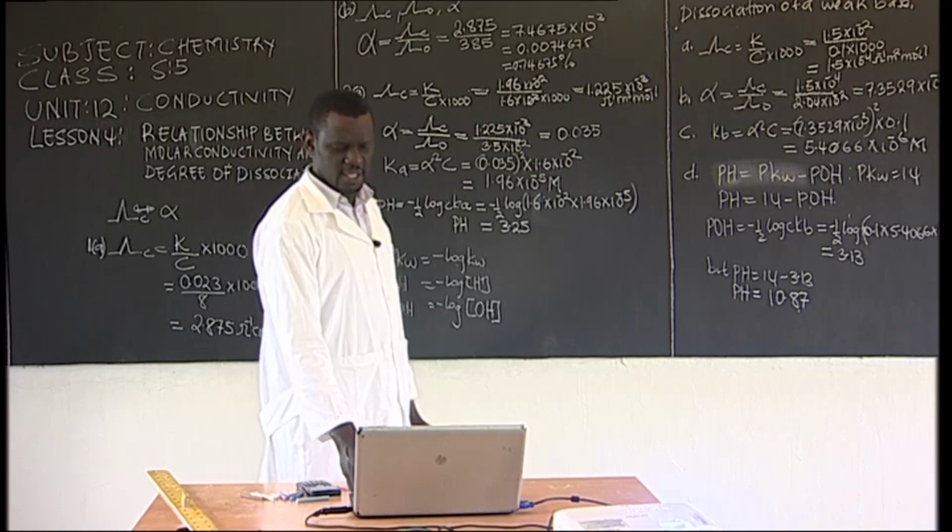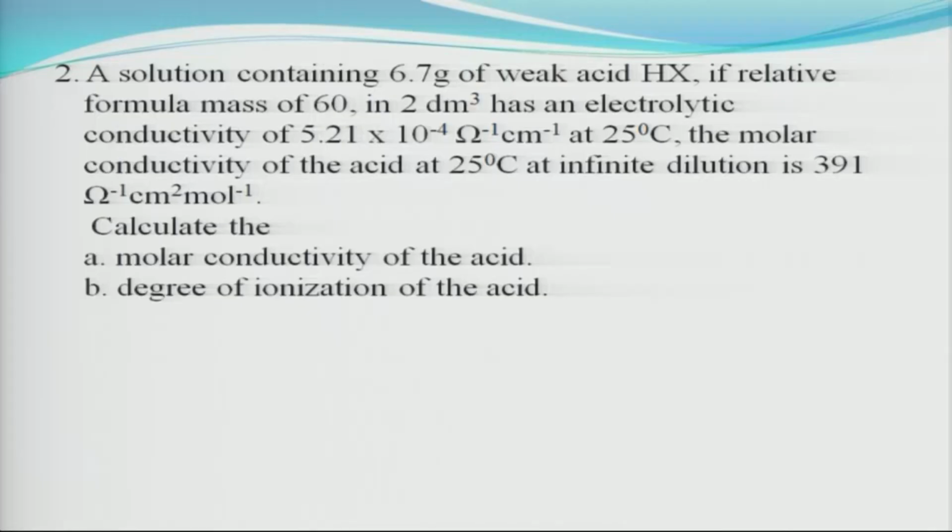Then we have another question. It's similar to the first one, but this time a solution containing 6.7 grams of weak acid, with a given relative formula mass and volume.